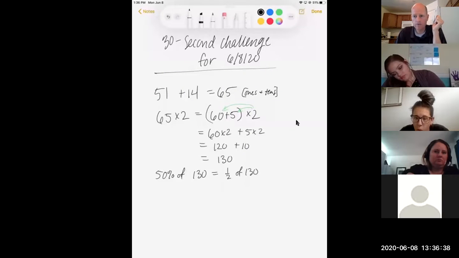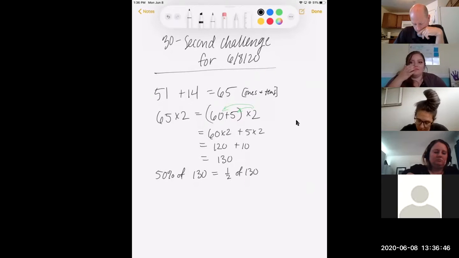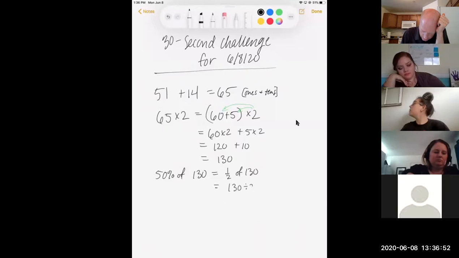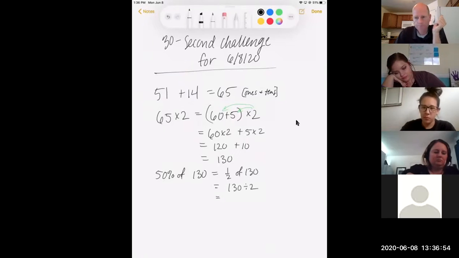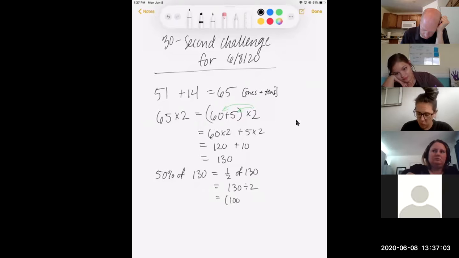How do you get half of 130? Divide by 2. That's the same thing as 130 divided by 2. Excellent. How do you divide that by 2? I would split the 100 by 2 and the 30 by 2 and put those two together. Right, you can split it to 100.